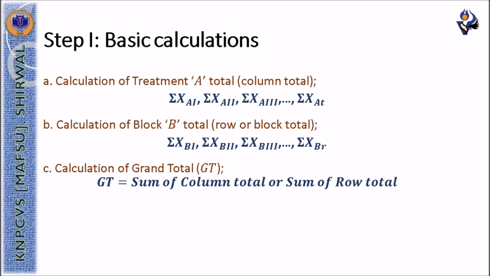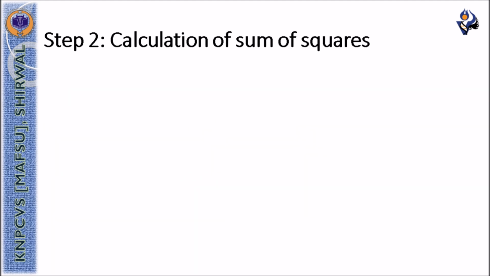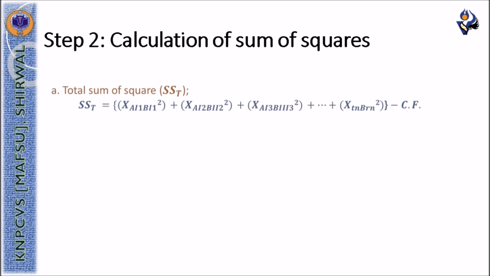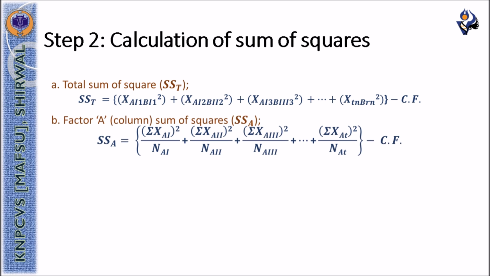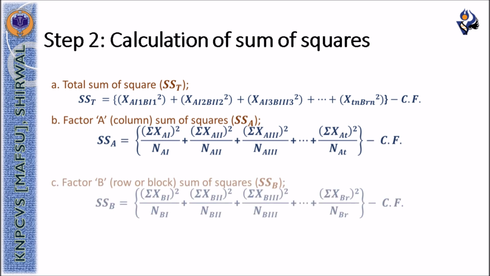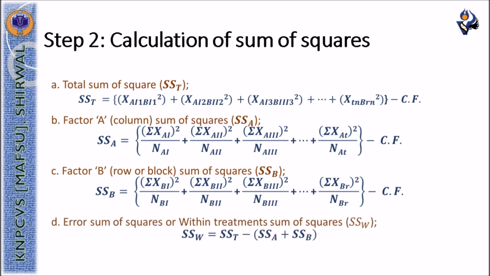Based on that, we can estimate the correction factor by taking grand total square divided by total number of observations. The next step includes calculation of the sum of squares: the total sum of squares, column sum of squares, row sum of squares, and error sum of squares.